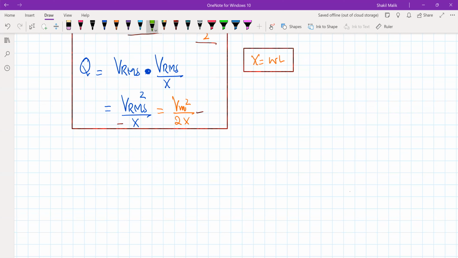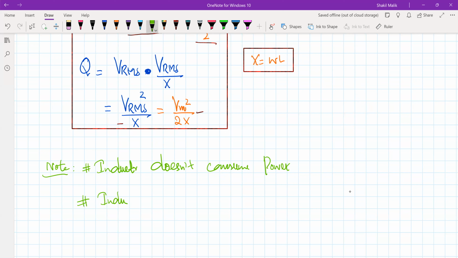So what is the takeaway for this element? The inductor does not consume power. That's the first. The inductor stores power.